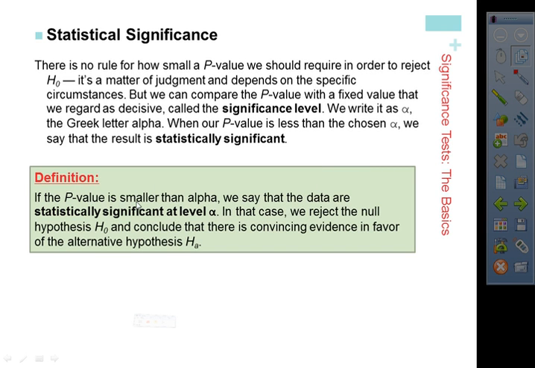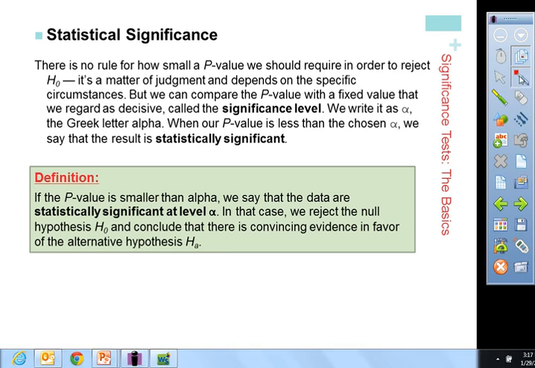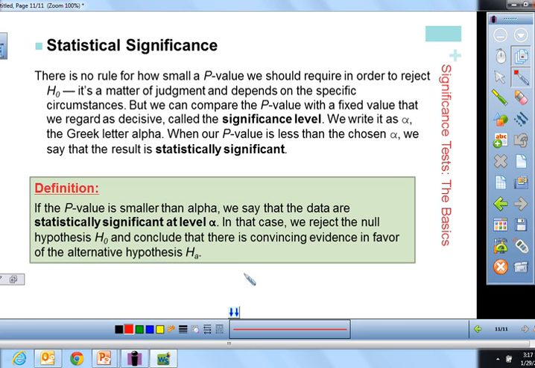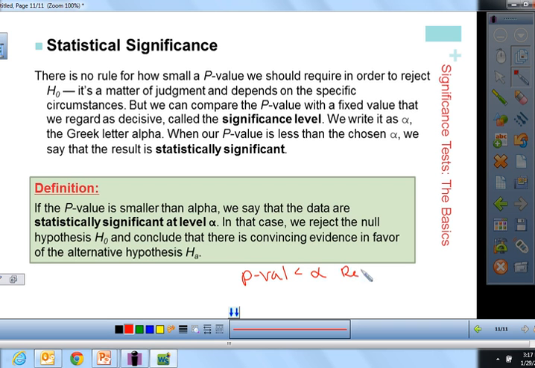All right, so if the p-value is smaller than alpha, we say that the data is statistically significant at the level alpha. In that case, we reject the null hypothesis and conclude there is convincing evidence in favor of the alternative. So what that comes out to be is that if your p-value is less than alpha, so it's smaller than alpha, then we reject the null, and in favor of the alternative.